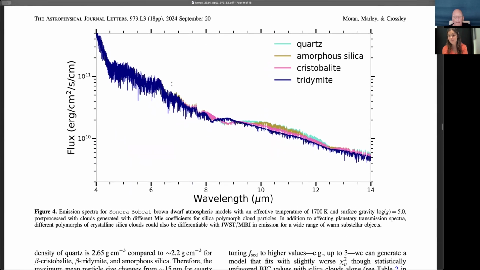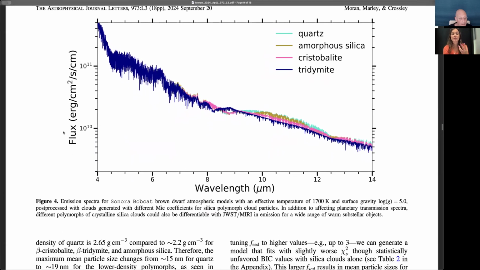Here I'm not actually comparing to any data. This is more proof of concept to show you that the different models do pop out with noticeable differences depending on which polymorph you use. Tridymite is the most different, but there are still differences even between the quartz and the cristobalite as well.